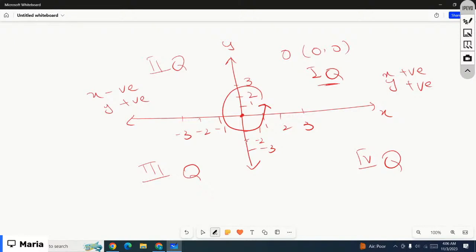Just look at the third quadrant. Here you have x negative and y negative. The fourth quadrant, x values positive and y values negative. You can see here x positive, y negative, right?